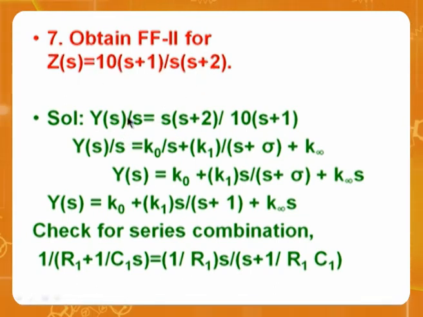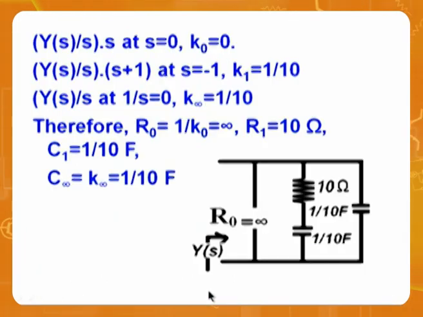Now if you multiply by s, the s will cancel, and you will get the function. When you calculate the series combinations, you will get a circuit in this form: infinity, 10, 1 by 10, and this also 1 by 10. This is parallel. That's why Foster form 2 is said to be a series combination of parallel branches.